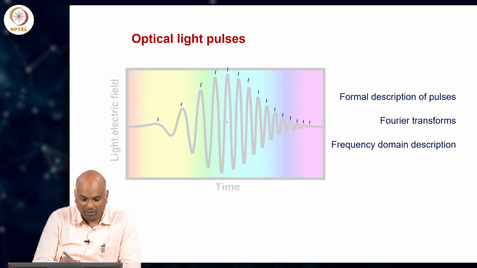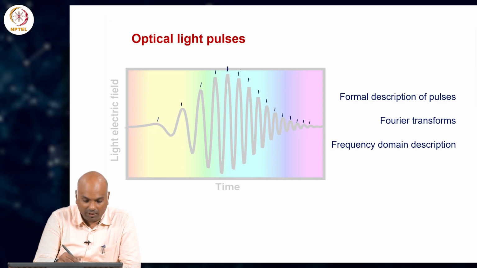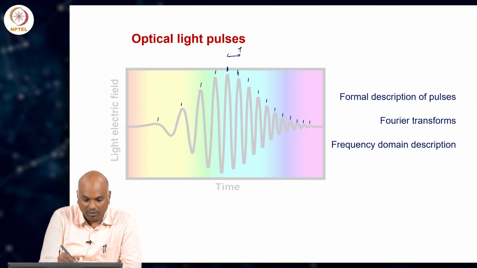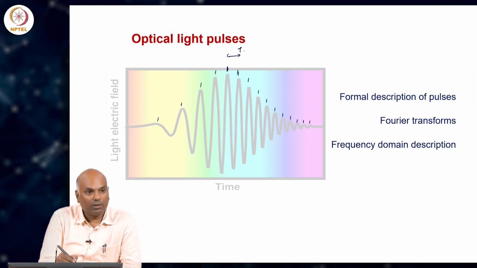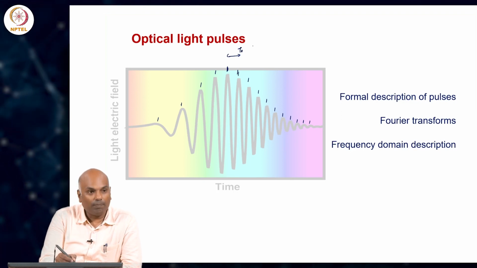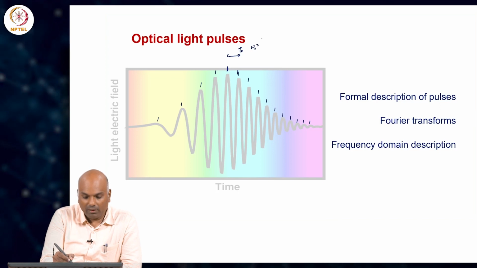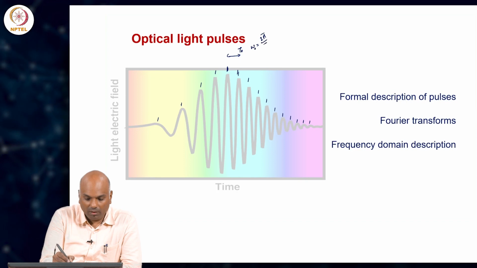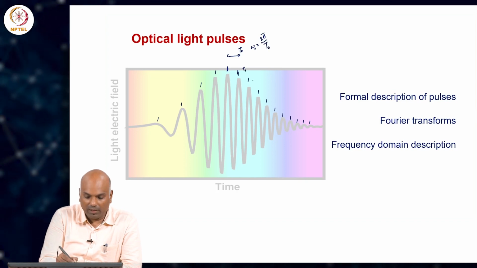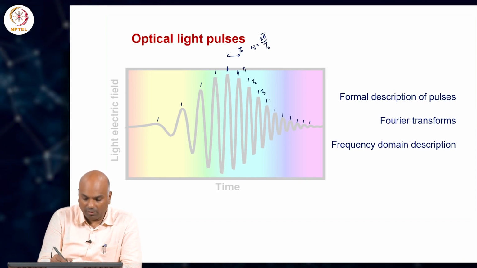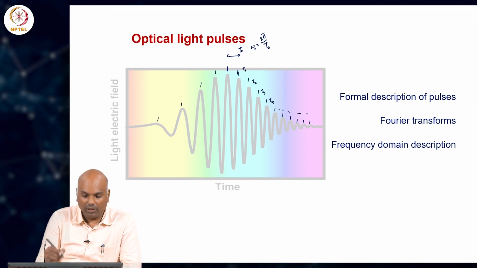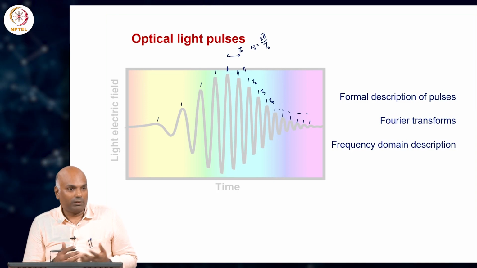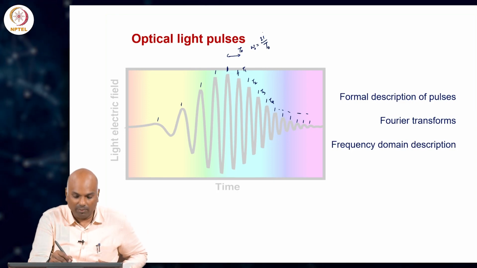Here let us pick this optical cycle and call this period t0. So, let us choose omega naught to be 2 pi over t0. There is a t1, there is a t2, there is a t3, there is a t4 and so on and so forth. I am biased towards t0, but it does not matter what I choose.